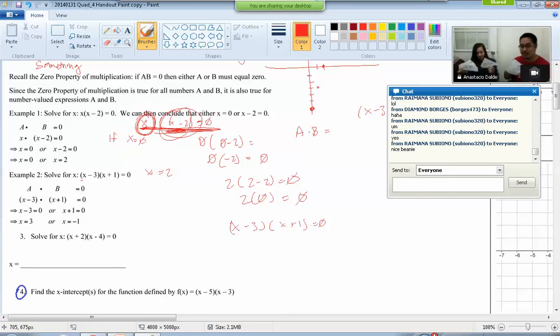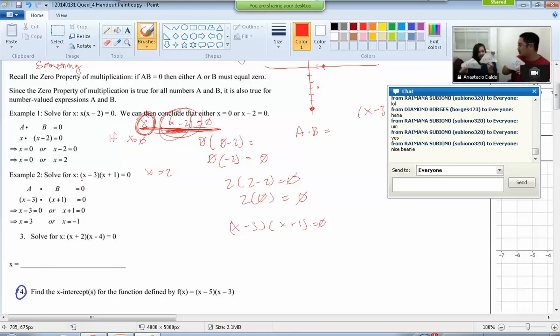All right. Now, there could be another possibility. What's the other possibility? Either Mitchell is 0 or Adriana is 0. Because if Adriana is 0, I don't care what Mitchell is. Whatever he is, times 0 is still going to equal 0. So I have two possibilities that I can check.